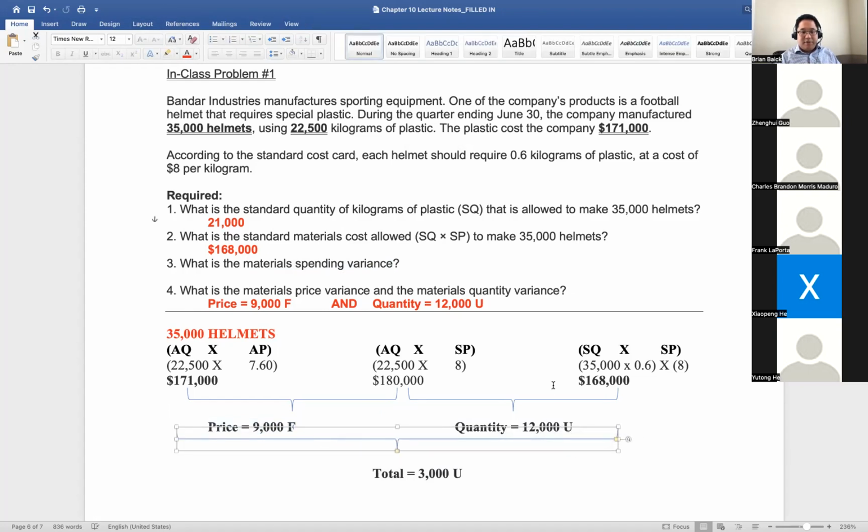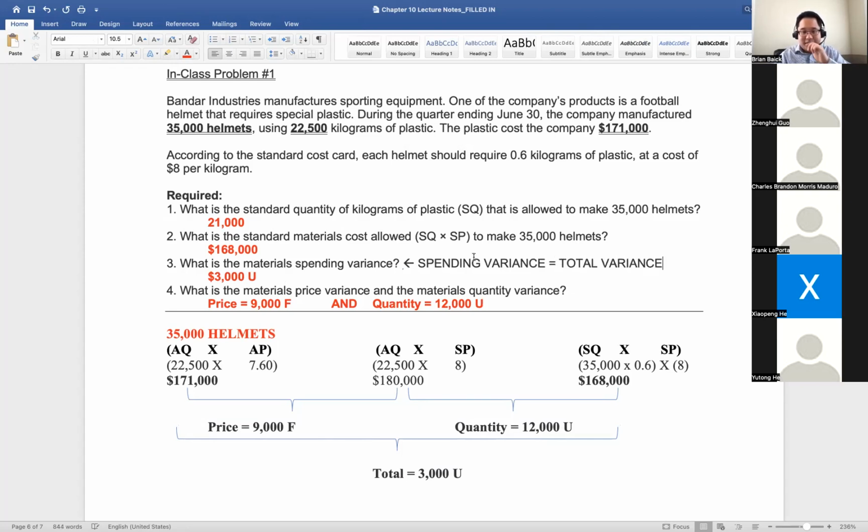It's the 3,000 U, exactly. They tried to make our life miserable, but what does spending variance mean? It means total variance. Just another name.